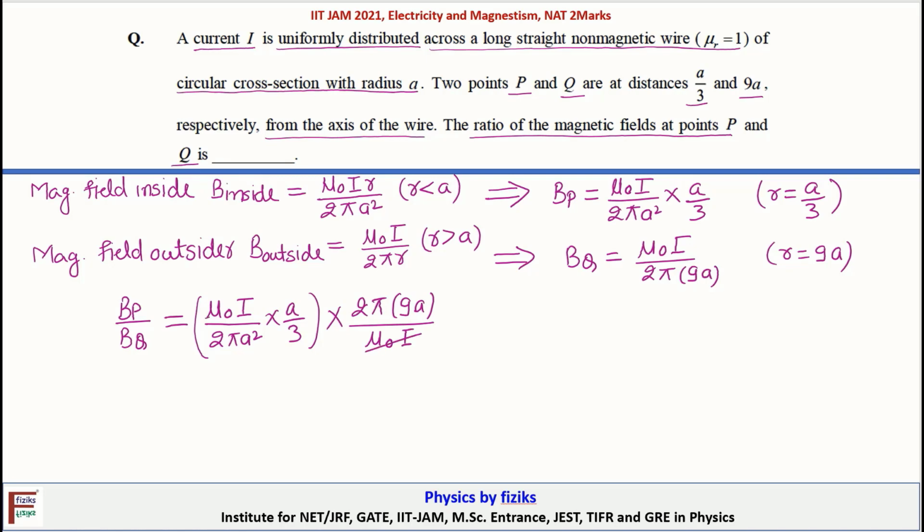So this mu naught I will cancel out, this 2 pi will cancel out, and this a square will cancel out. So this ratio will be 9 by 3, or simply this value is 3. So the ratio of magnetic field at point P and Q is 3.